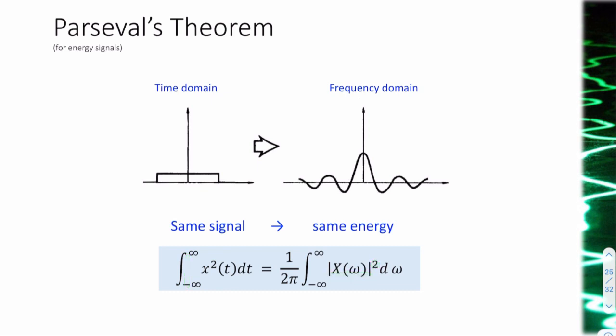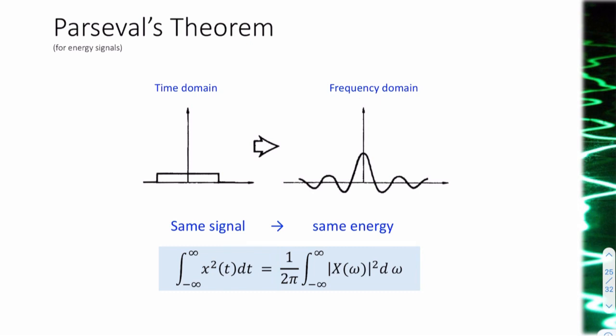And it's exactly the same in the frequency domain. You take the spectrum, or the signal as a function of frequency, you square it and integrate it over all frequency, and it'll give you exactly the same energy. Now, because we're using omega rather than f, we have this factor of 2 pi, and the energy includes the factor of 2 pi.